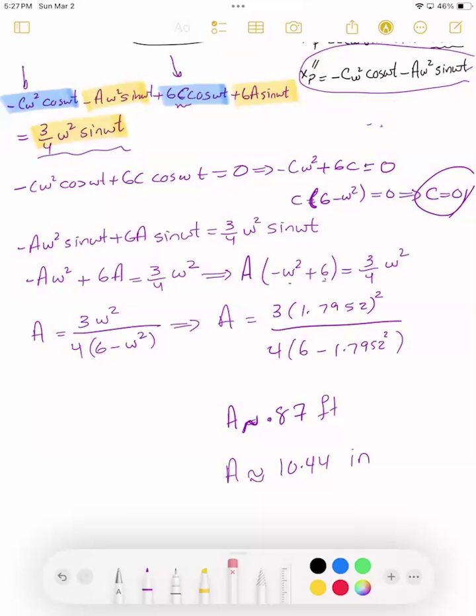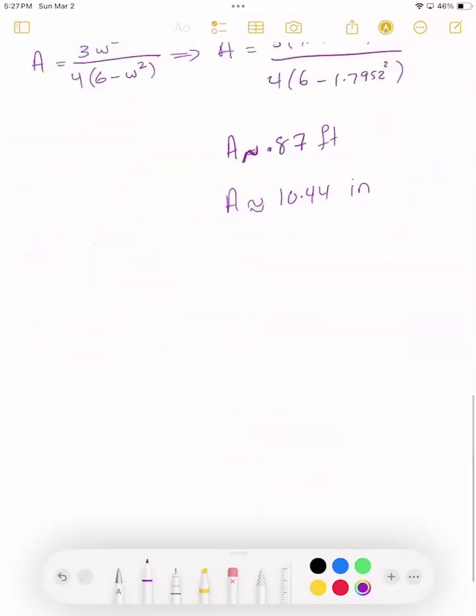But there's another formula that I have shown you in one of the videos that I have posted in section 3.6 that says the amplitude is equal to F naught over the square root of k minus m omega squared, squared, plus c omega squared, squared. I don't remember, is it plus or minus?